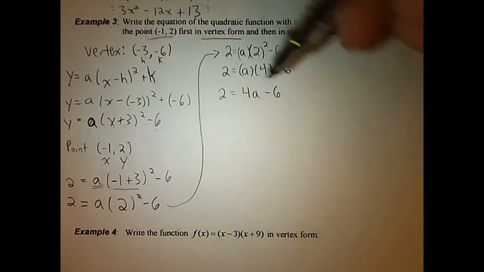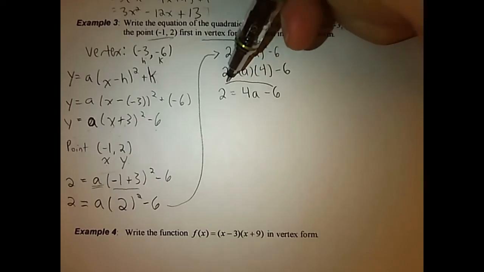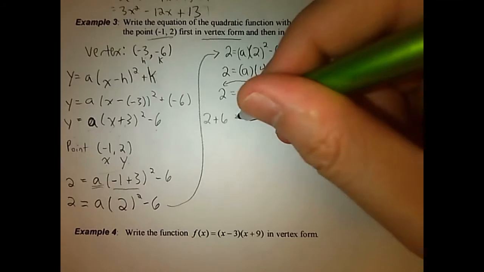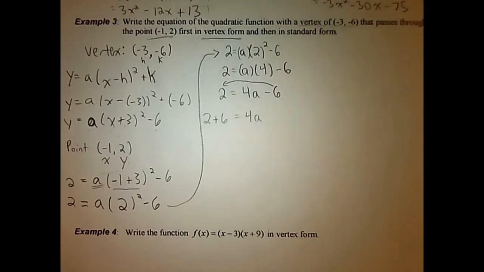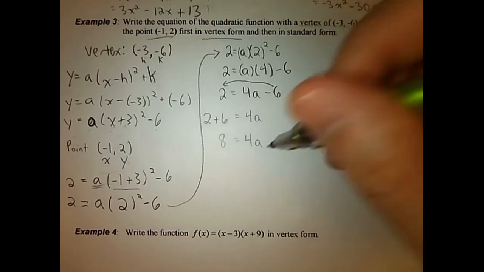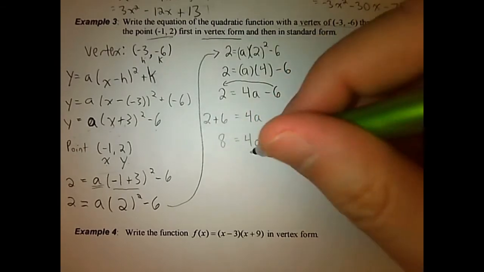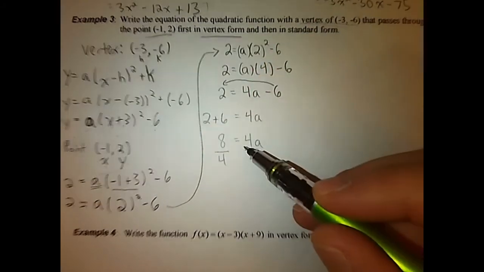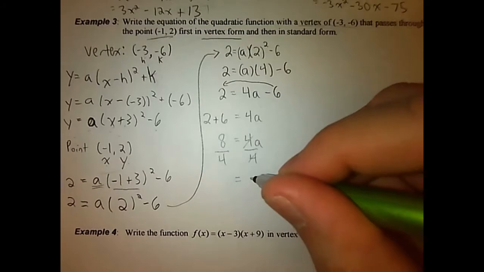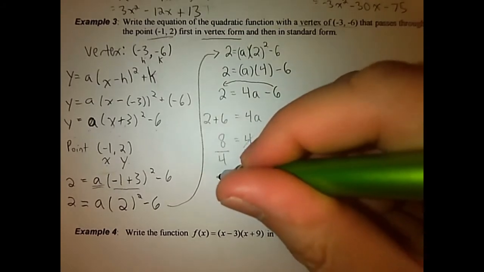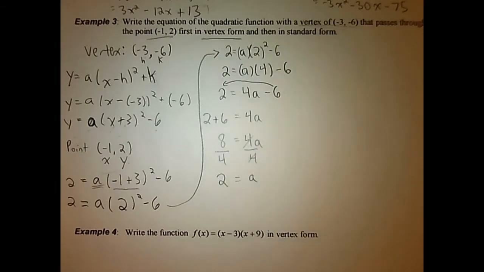I want to get the a by itself. The minus 6 goes to this side: 2 plus 6 is equal to 4a. I get 8 on this side. I want to isolate 4a, so I divide both sides by the coefficient in front of the a. 4 divided by 4 is just 1, or 1a, or just a. 8 divided by 4 is 2. So a is equal to 2.